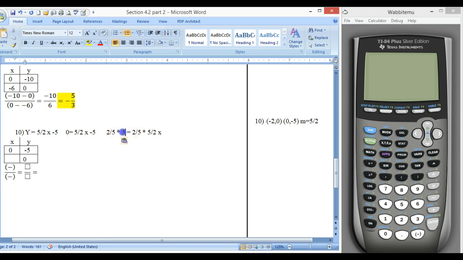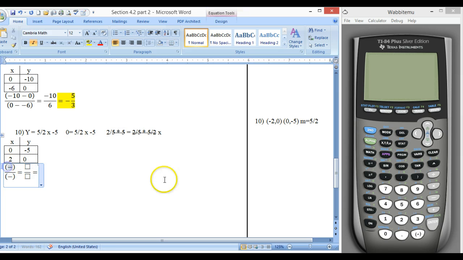And 1 5 on top and 1 5 on bottom will cancel. Another way of thinking about it is numerator times numerator is 2 times 5 is 10, divided by 5 is 2. So this cancels out, and these 5's cancel out, which leaves me with x equals 2.